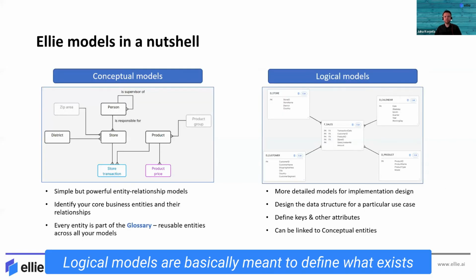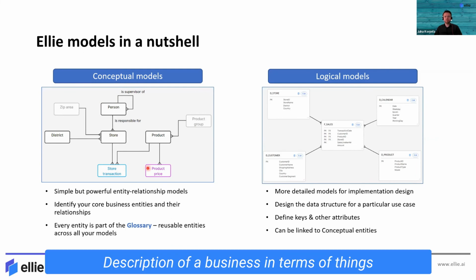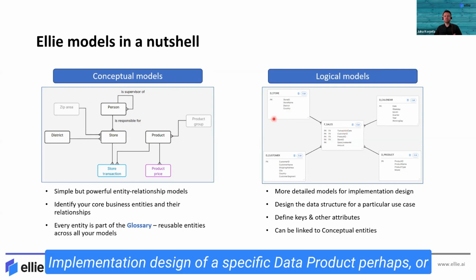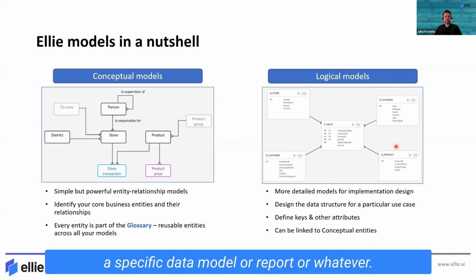Conceptual models and logical models are basically meant to define what exists. A conceptual model is a description of a business in terms of things it needs to know about. Logical models are kind of an implementation design, which can be linked to this conceptual understanding, an implementation design of a specific data product, perhaps, or a specific data mart or report or whatever.